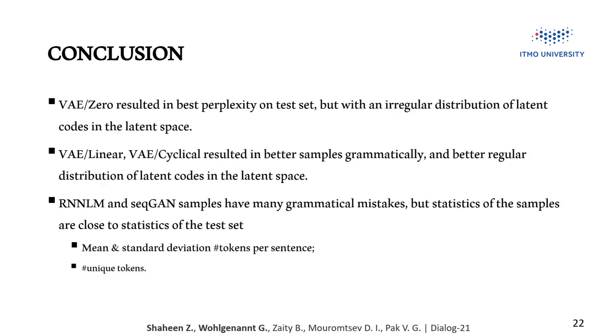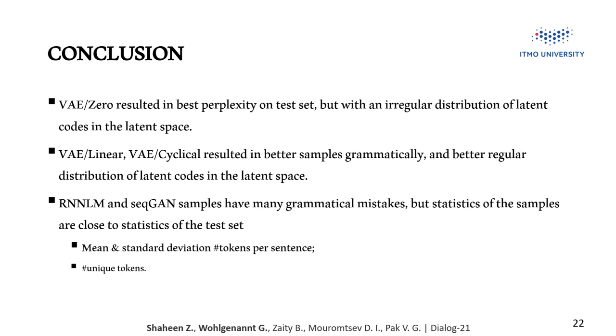Our results showed that variational autoencoder with zero schedule resulted in the best perplexity on test set, but with an irregular distribution of latent codes in the latent space. And the linear and cyclical annealing procedures resulted in better samples grammatically and a more regular distribution of latent codes.